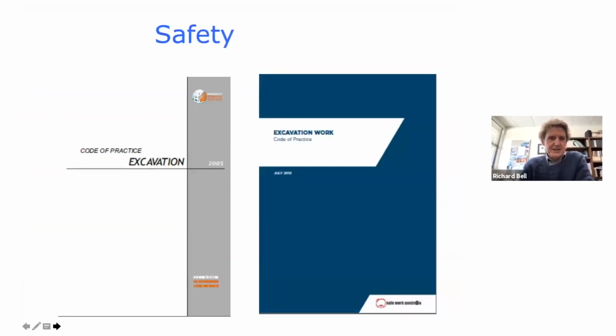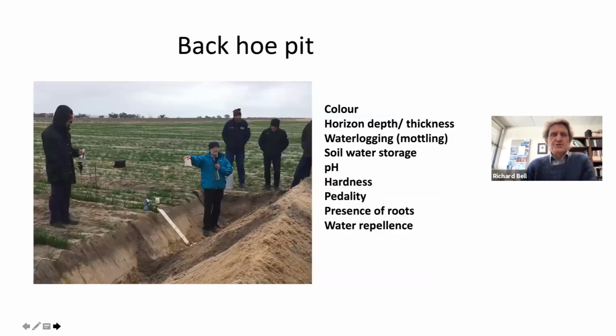So there is actually an Australian Code of Practice for excavation, which says you shouldn't dig a section more than 1.5 meters deep in order to avoid risk to human safety. But you don't even need to go to 1.5 meters often.